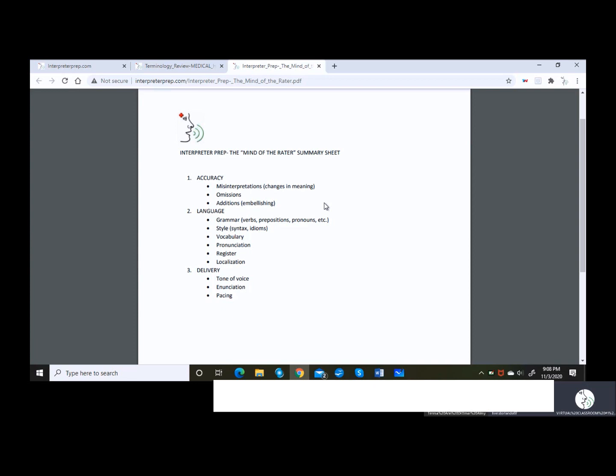Other times we can become inaccurate when we run into these false friends or false cognates. And I'll give you an example. These false friends or false cognates are words which are similar in how they're written and how they're pronounced in two languages, but do not necessarily mean the same.